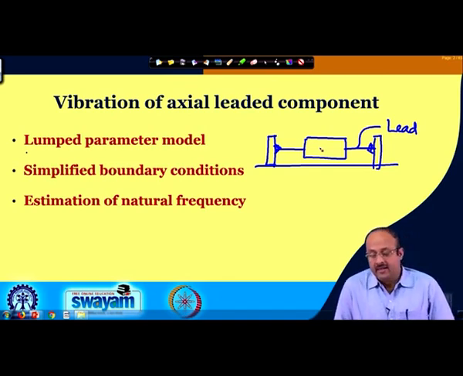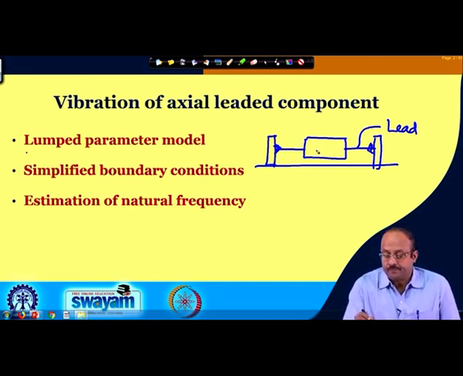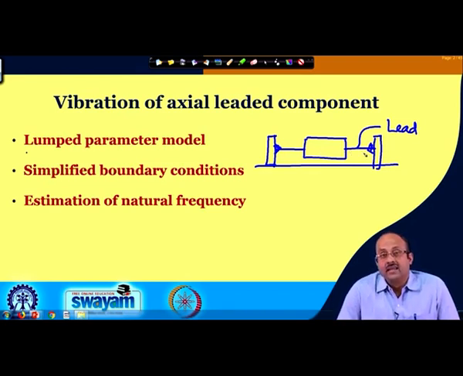Now, in analyzing the vibration of this relatively complicated system, we have to have certain simplification. And what are those simplifications? That is, we first consider the lumped parameter model. That means that here the resistance or the capacitance, it has large mass compared to the mass of the lead wire.